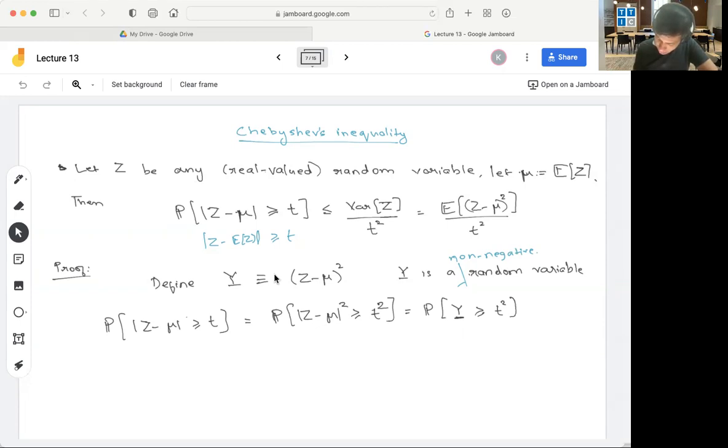Then by Markov's inequality, this is less than or equal to the expectation of y divided by t square. And the expectation of y is just the expectation of z minus mu whole square, in other words, the variance of z.